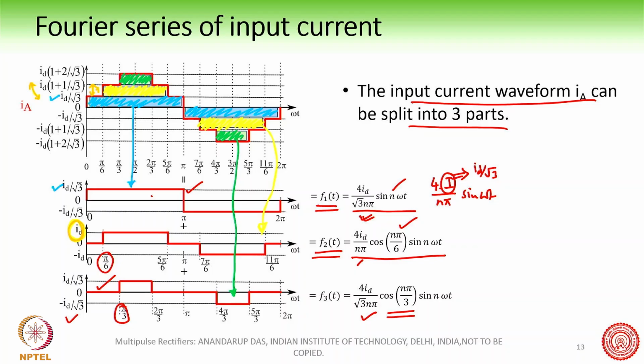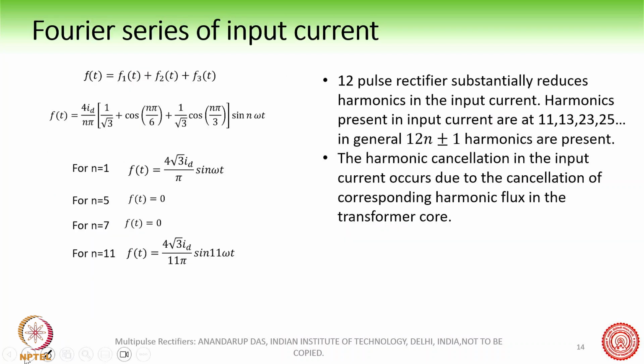So these are the magnitudes of the harmonics present in the different parts of this waveform. These are the three parts, 1, 2 and 3, of this waveform. And so the total harmonic content is f1(t) plus f2(t) plus f3(t), and will be something like this.